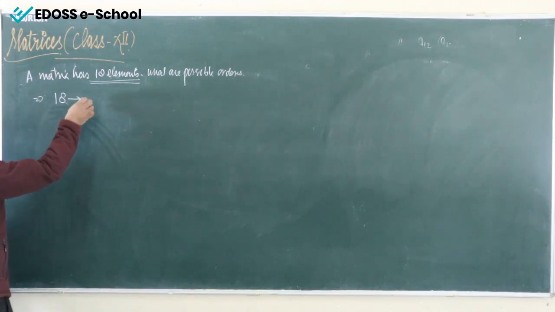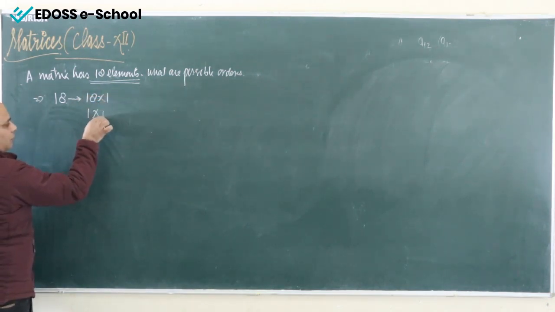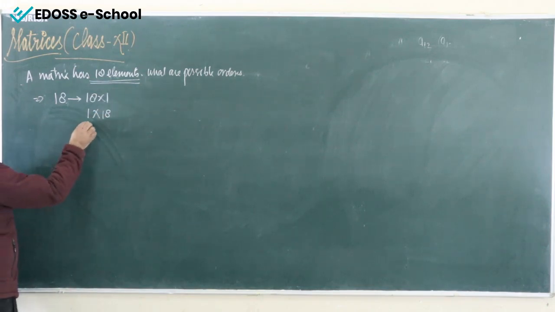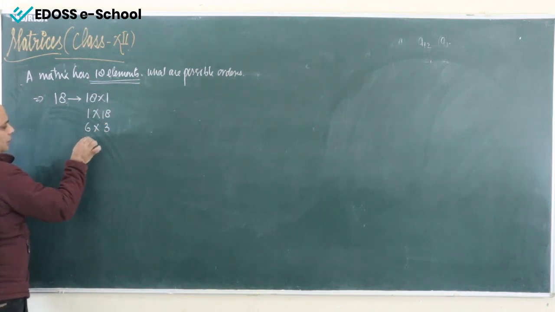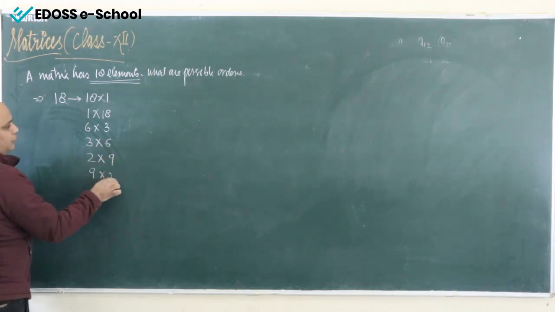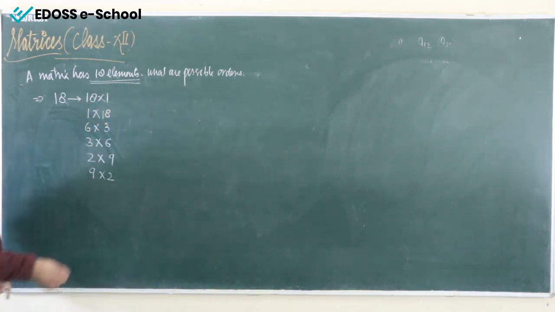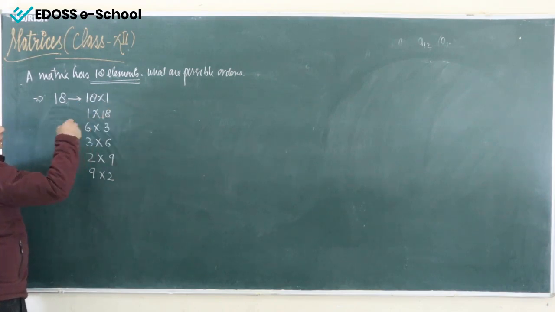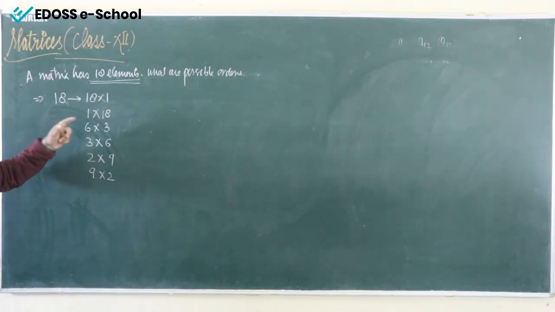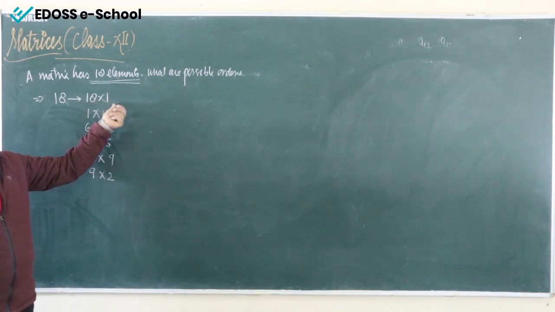Then 18 can be written as 18 into 1 or 1 into 18, 6 into 3, 3 into 6, 2 into 9 and 9 into 2. 18 into 1 means the matrix formed with the 18 elements has 18 rows, 1 column.